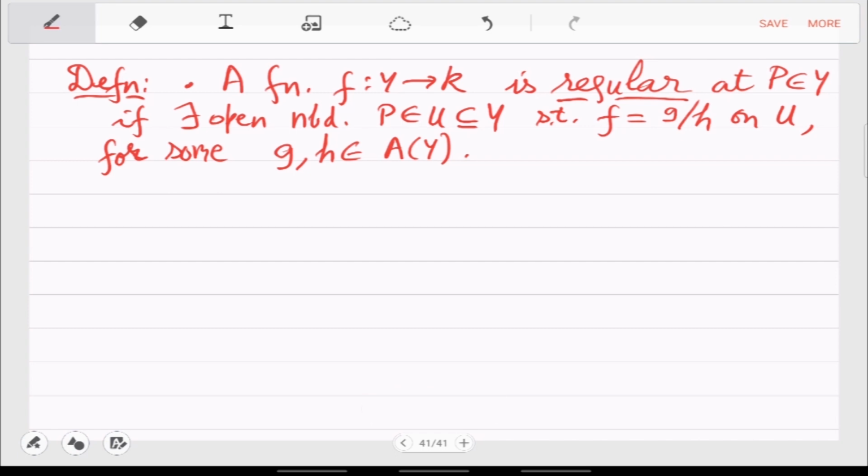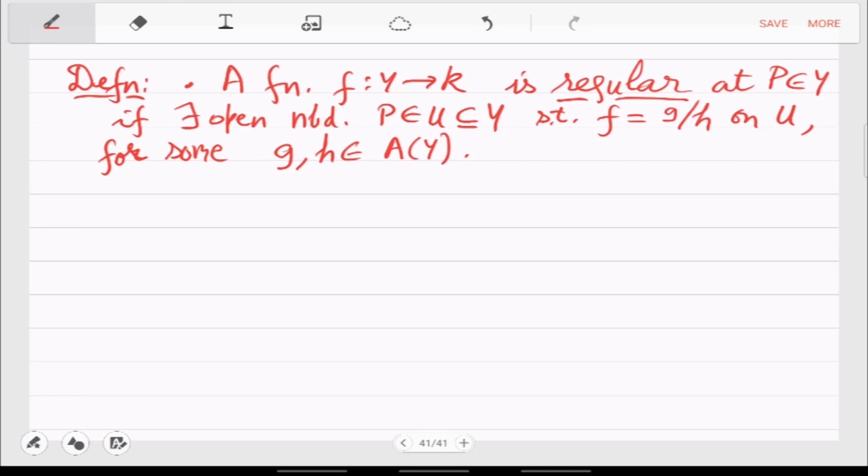Okay, and their ratio is what is also called a rational function, but we will have a special meaning for that term here. So we are only calling this f a regular function which is regular at a given point P, with respect to some open neighborhood. It may not be true for all U's.